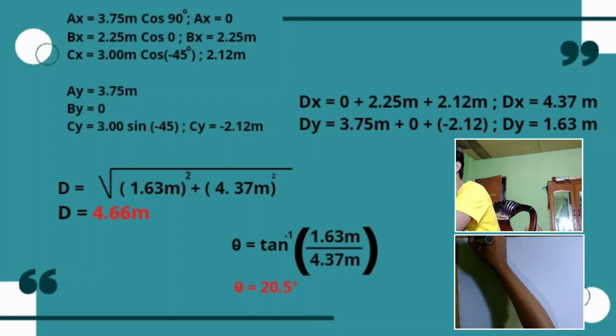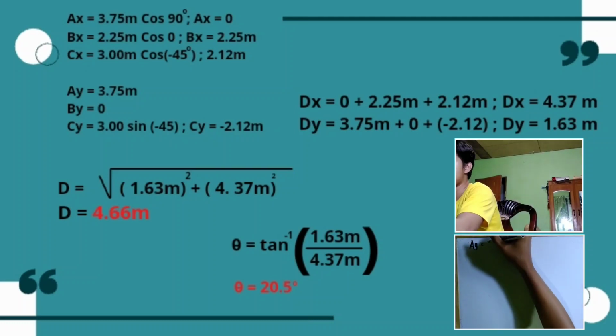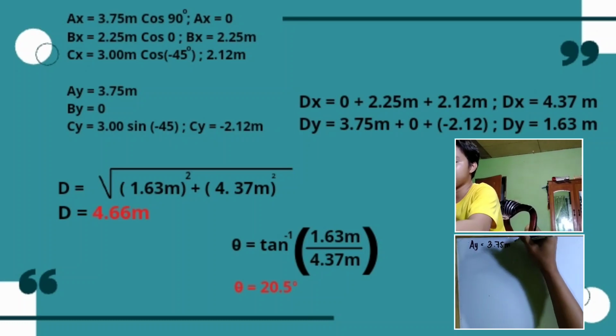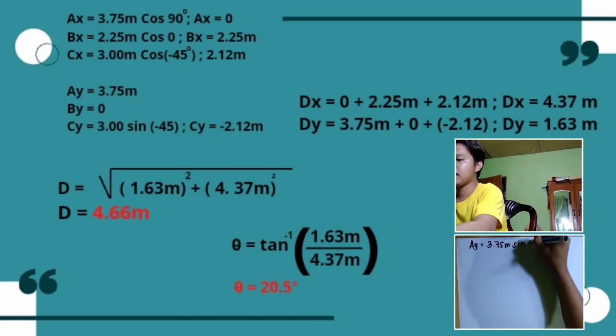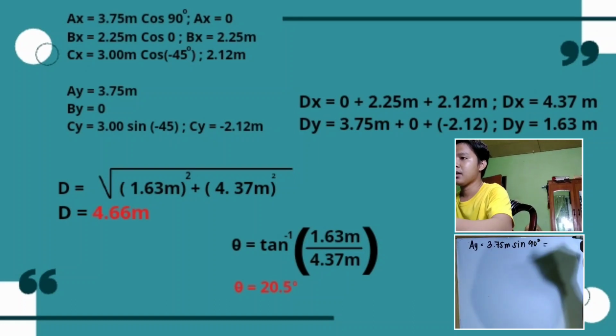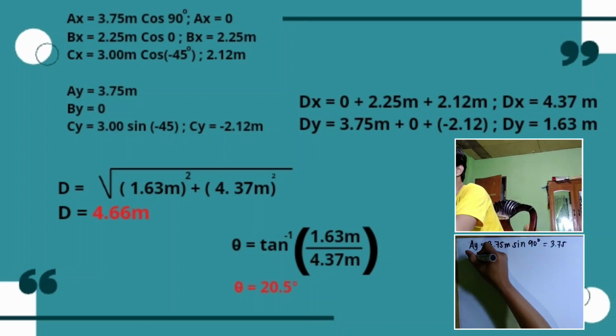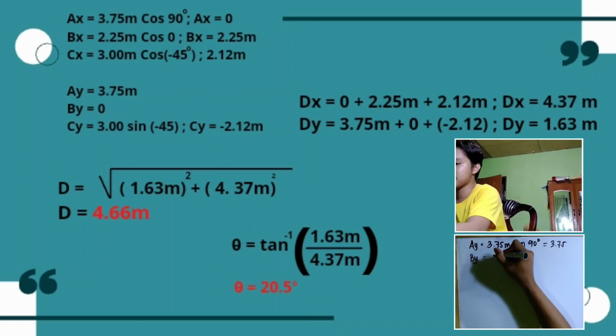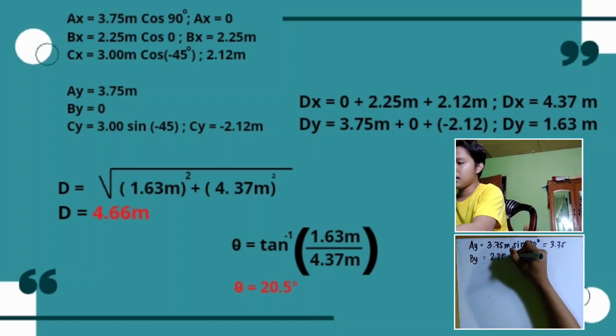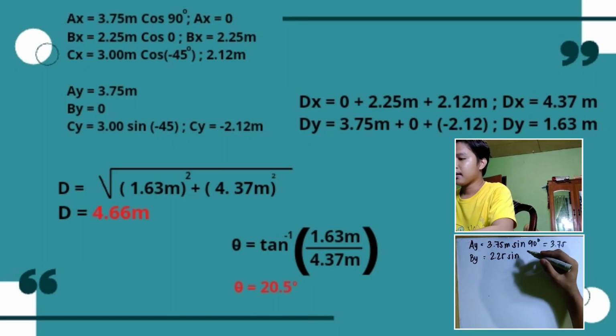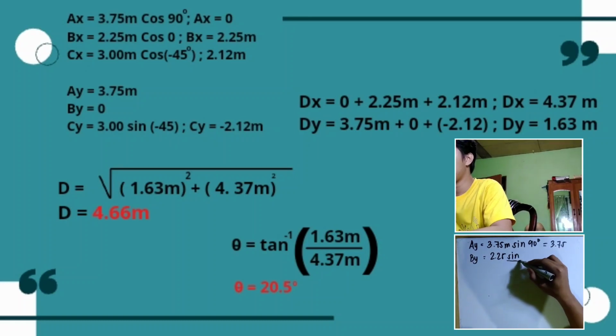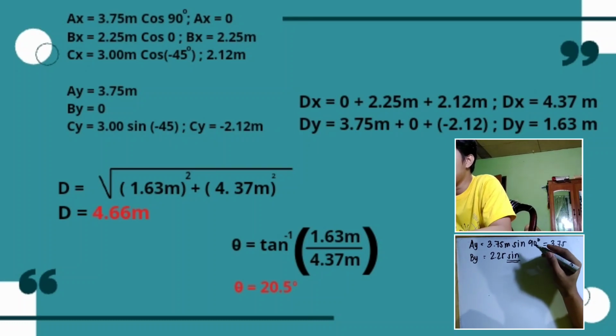So for our a sub y equals 3.75 meters sine of 90 degrees, our answer will be 3.75. Then for our b sub y equals 2.25 sine. In our a sub y, the function was changed, not like in a sub x where it is cosine.